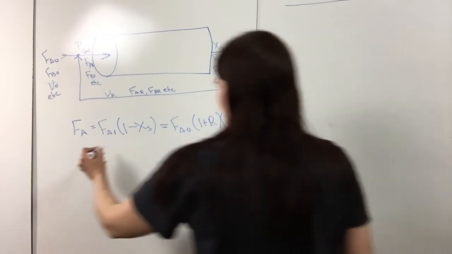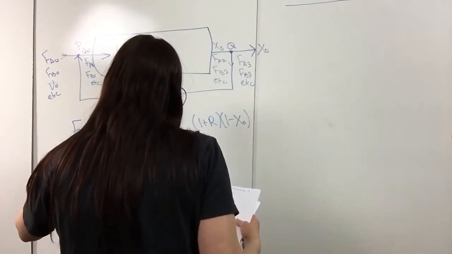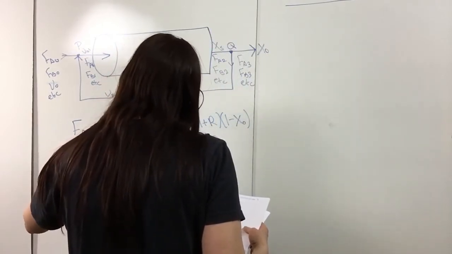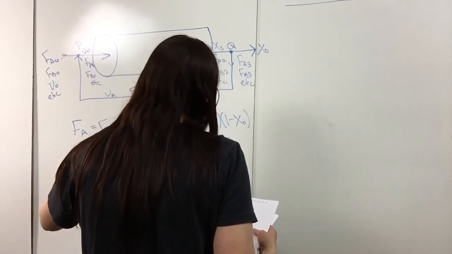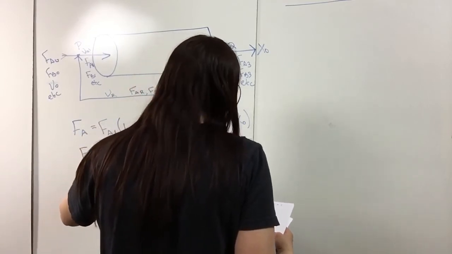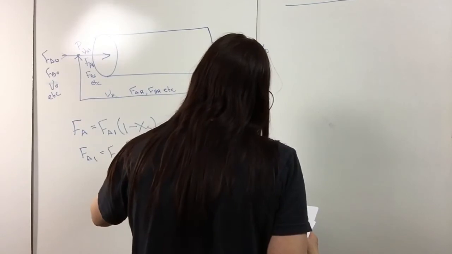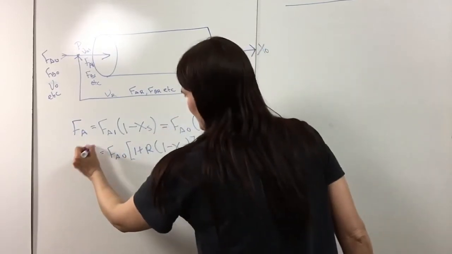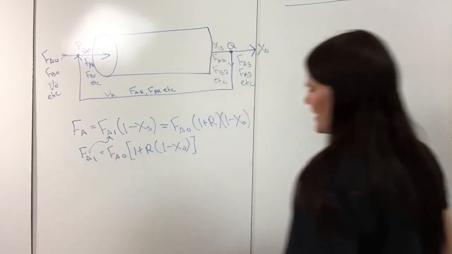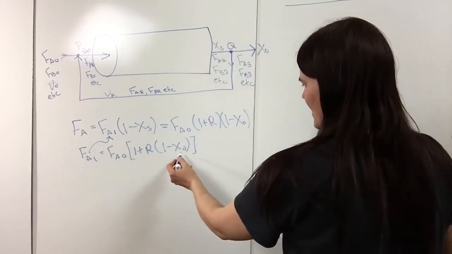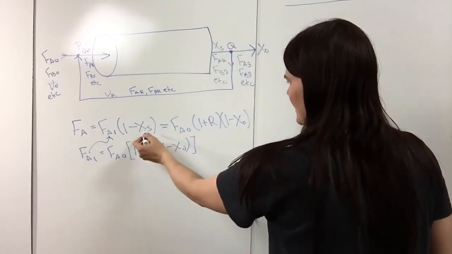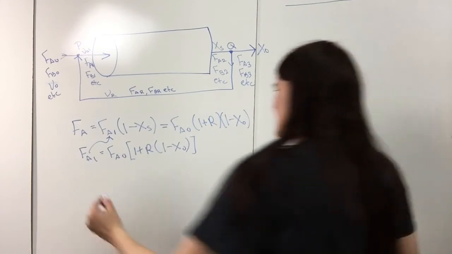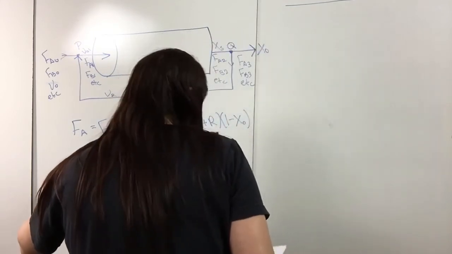And then we know that FA1 is equal to FA naught 1 plus R 1 minus X naught. So we can plug this into here, and then we have a relation that has both X naught and XS.